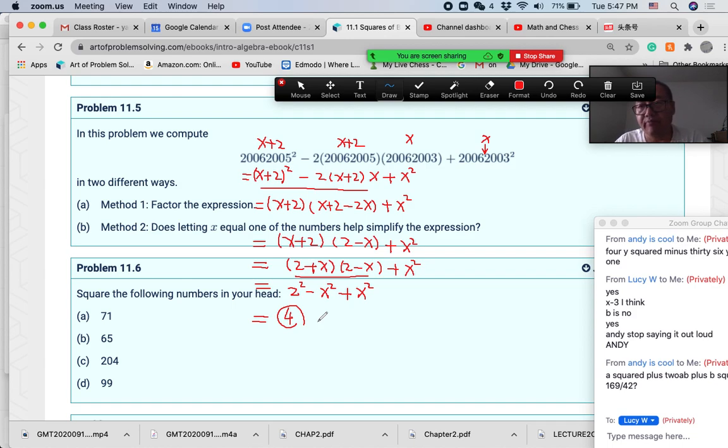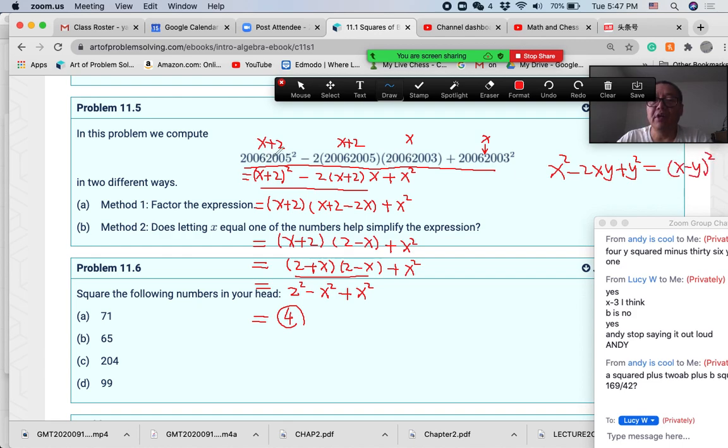But which one is better? Depend on if you familiar this formula, x squared minus 2xy plus y squared equals x minus y parentheses squared.